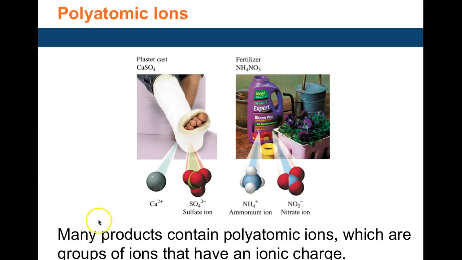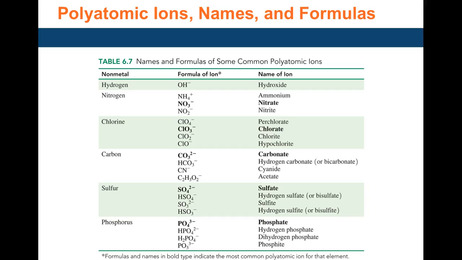Soda bicarb, sodium bicarbonate. So all of these things are a part of our everyday life. The polyatomic ions are extremely important, and the compounds made from them are also extremely important.